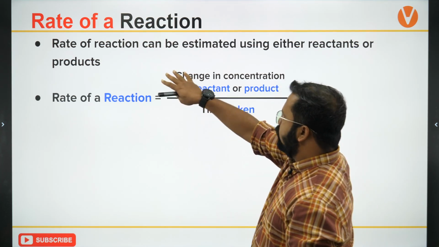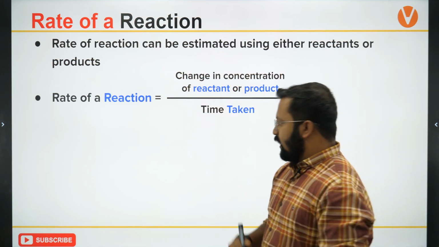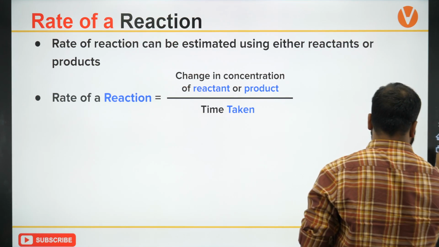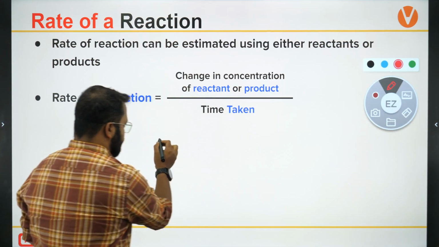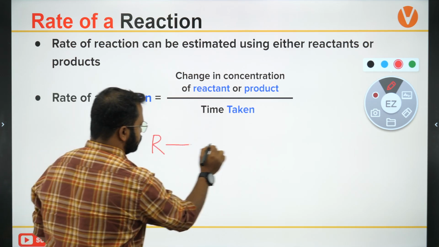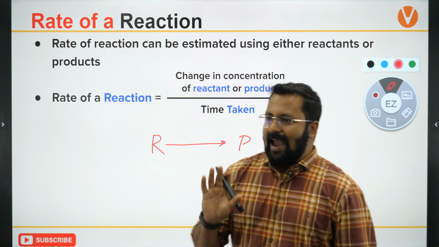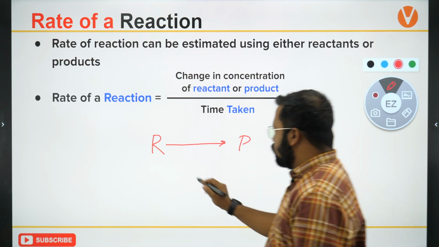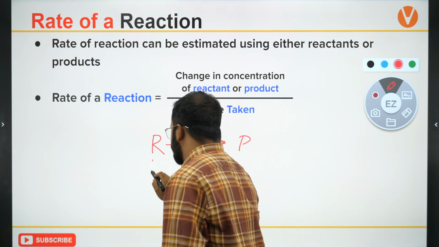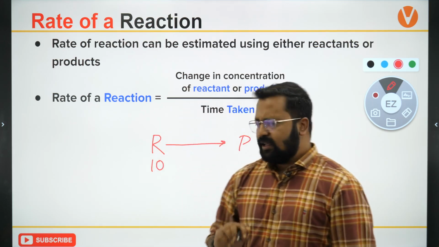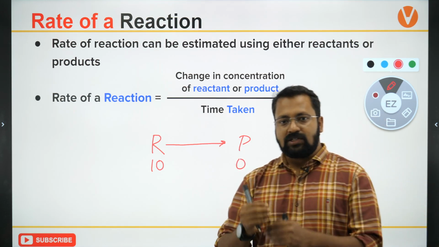So rate of reaction can be estimated using either reactants or products. If I take any reaction, a reactant changes to products. So if I start with a certain amount of substance, let's say I start with 10 moles of reactant, initially the product will be 0.